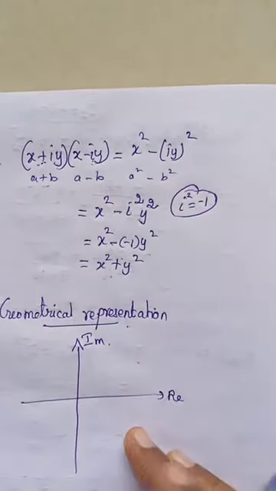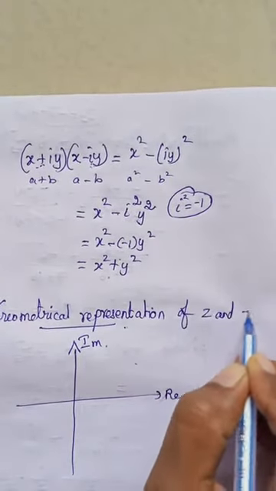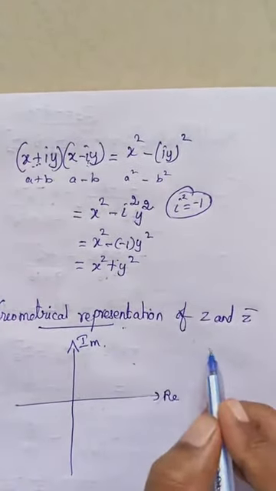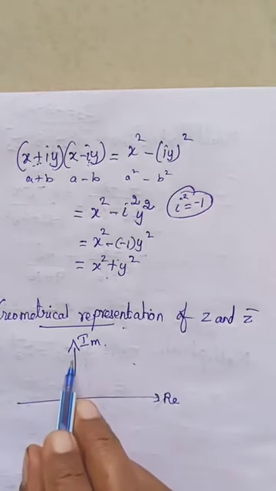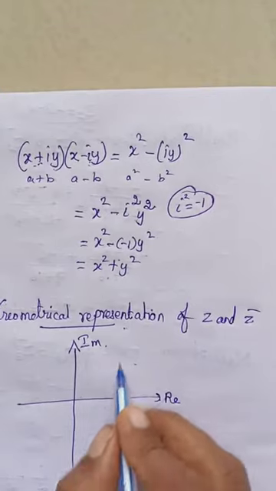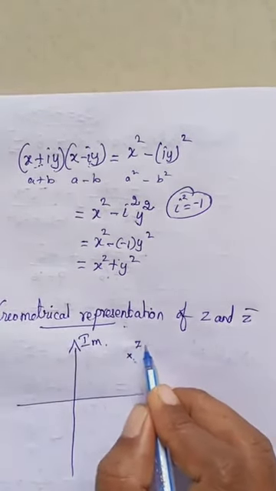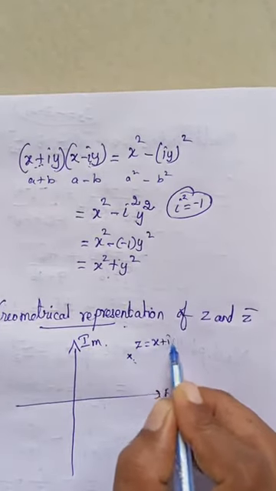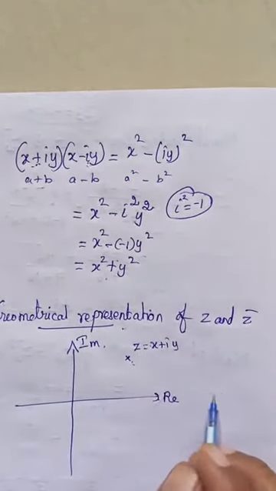Now the geometrical representation of z and z bar. If z is equal to x plus iy, x is the real part and y is the imaginary part. Since both are positive, z lies in the first quadrant.